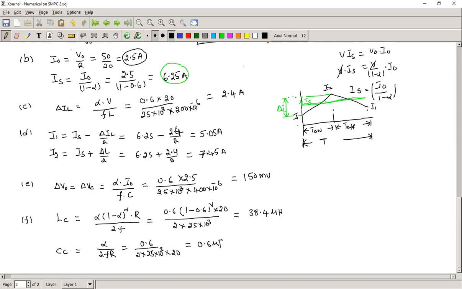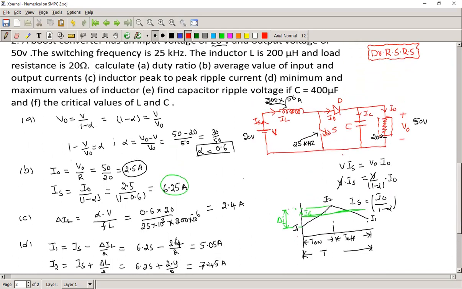0.6 microfarads. Now, what is the physical meaning of this value? If you have this much capacitance in the circuit, the output voltage will vary around the average. Suppose we take the output voltage as 50 volts.